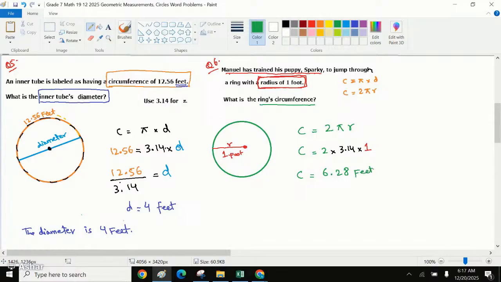So we can say the circumference is 6.28 feet for the ring which has been given to Sparky to jump through.